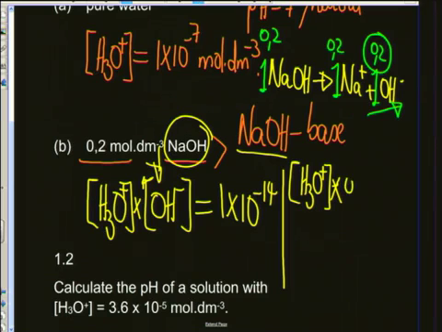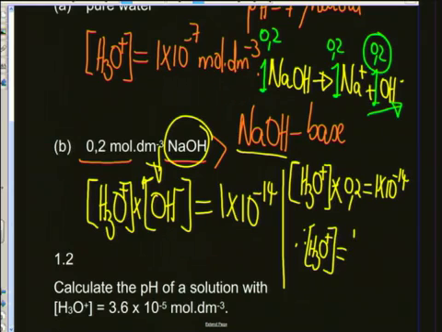It will be multiplied by 0.2, and that should give me 1 by 10 to the power minus 14. Therefore, the concentration of hydronium ions H3O plus would be equal to 1 by 10 to the power minus 14 divided by 0.2. And what do I get?